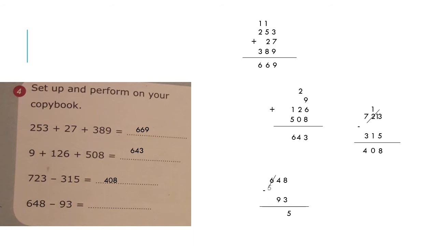I cross the 100, 6, replace it by 5, and 4 is 14 now. 14 minus 9, I put 14 in my mind and go backwards 9 digits. 14 in my mind, 13, 12, 11, 10, 9, 8, 7, 6, 5. It's 5. And 5 will remain. 555.